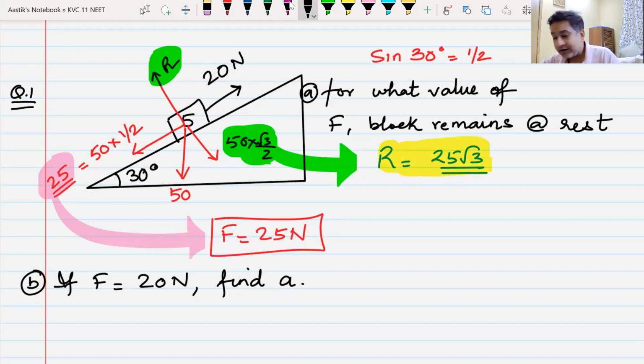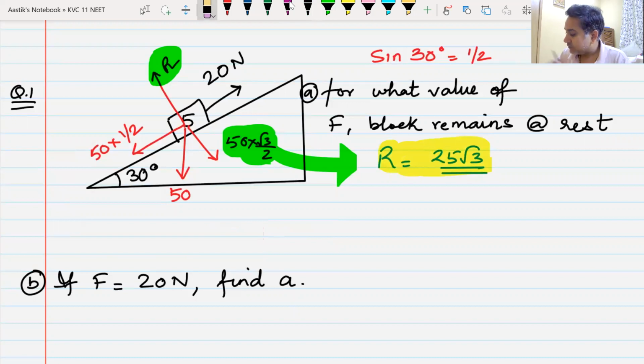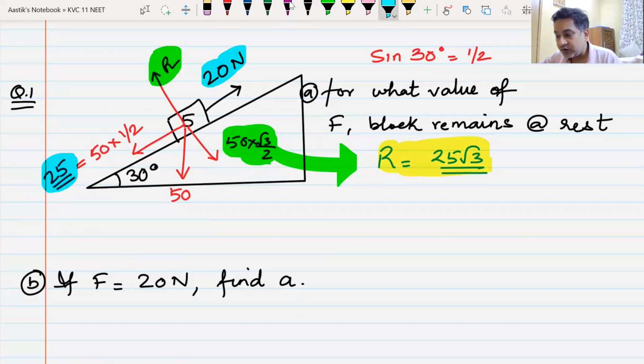Now, when I look at the diagram, the downward force, and let me take this out. The previous question is gone. Now, when I look at this question, the downward force, blue force I see is 25. 25 force is downwards and 20 force is upwards.